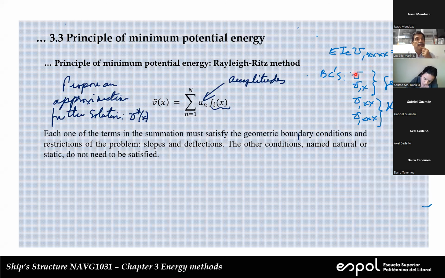How about the other one? What was the other condition, Mr. Tenemea? It is the bending moment. Okay, and is the bending moment a natural or geometric boundary condition? It is natural. Yes. Why do you say that? Because the reactions... How do you express the bending moment in terms of V?